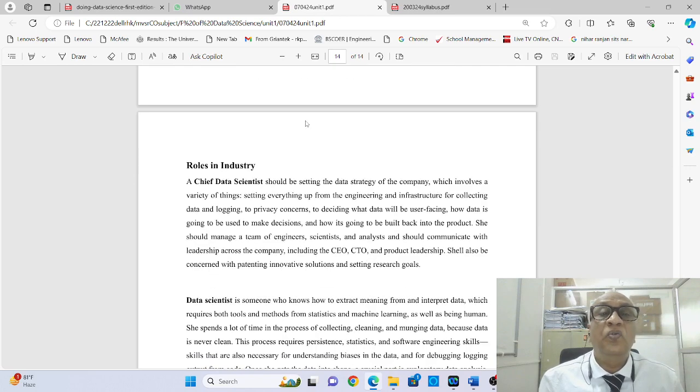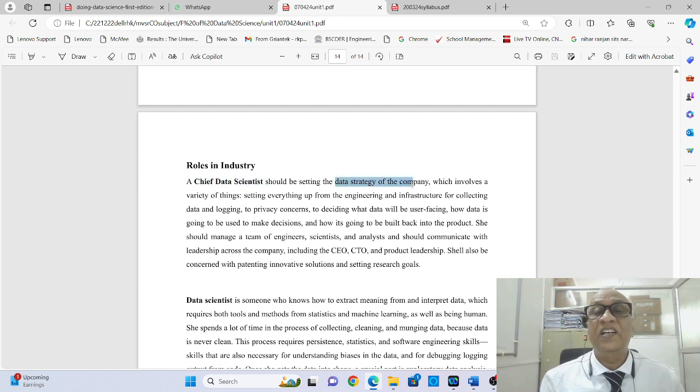Now, if I want to poke further and understand data science better, I will again look at the software industry, companies and organizations where data scientist and chief data scientist roles exist. Say, for example, you have a chief data scientist role. What will he be doing?